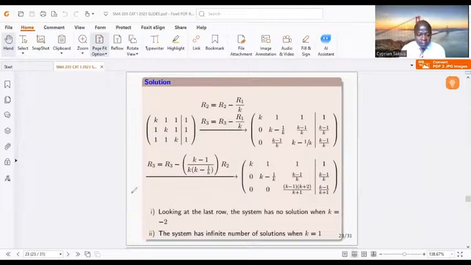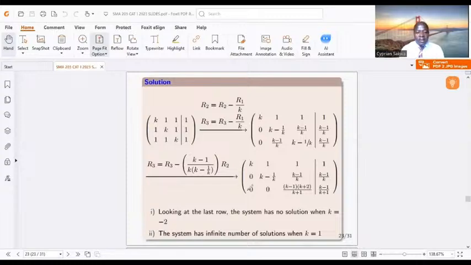The system has no solution when the last row is 0, 0, 0, and then non-zero. If that happens, then the system has no solution.